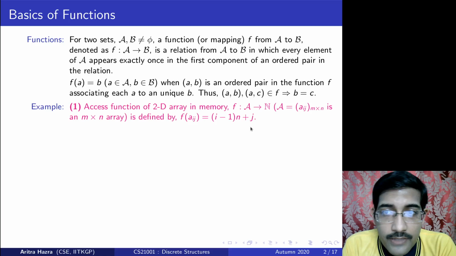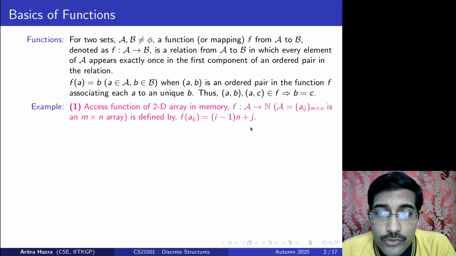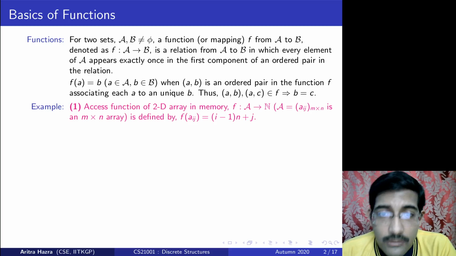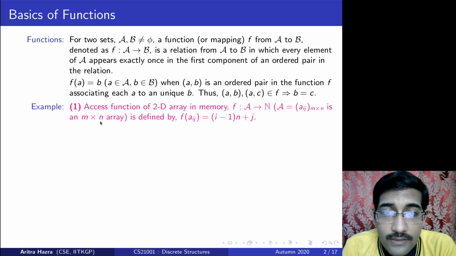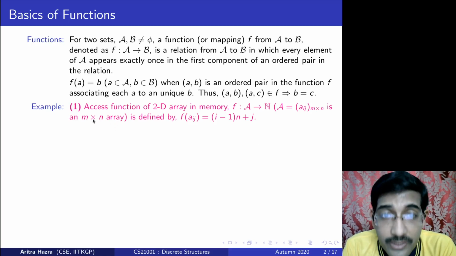An example of a function: you have already used arrays or two-dimensional arrays in your programming assignments. Logically, you visualize a two-dimensional array as m rows and n columns. However, in memory it is not stored as you visualize it in two dimensions.